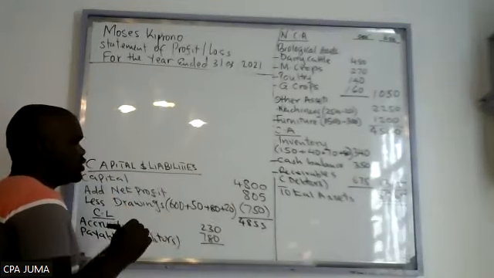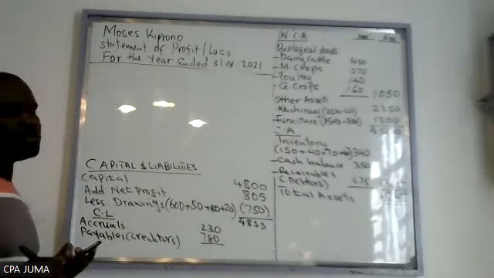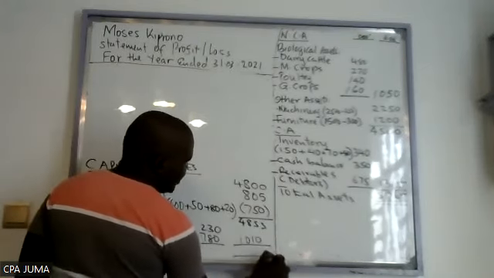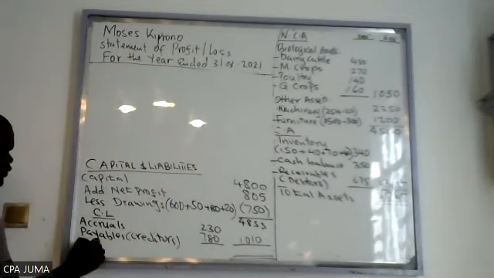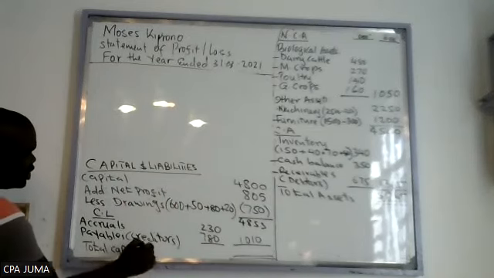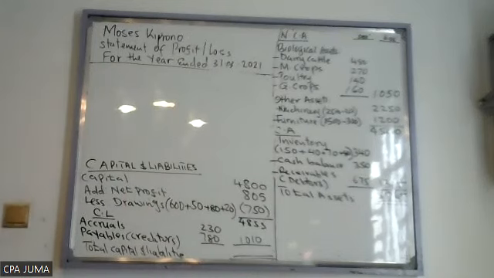So this one is 1,010. If that's the case, check whether it is balancing. Total capital and liabilities. Can you confirm the accuracy if it is balancing?